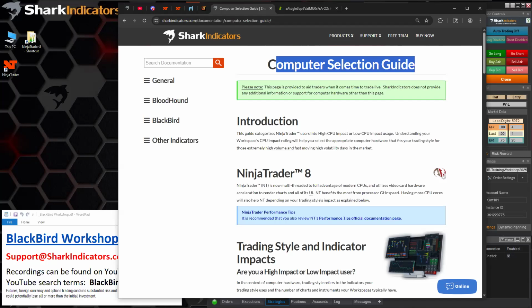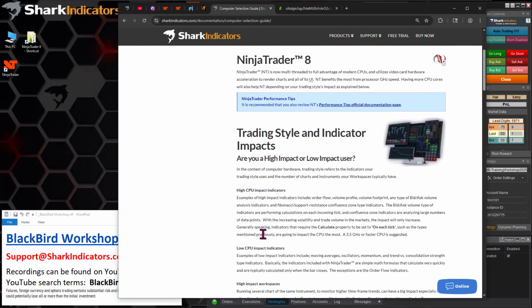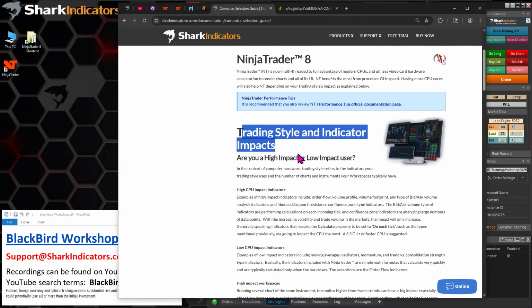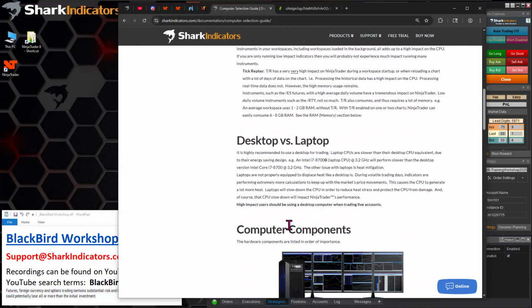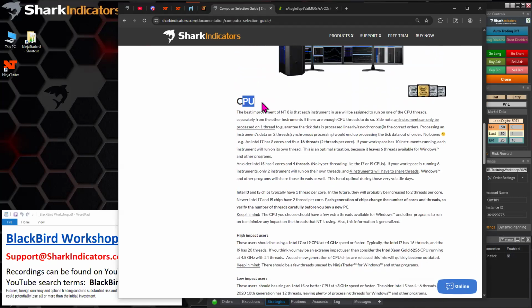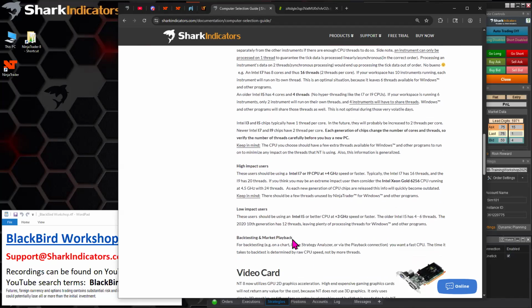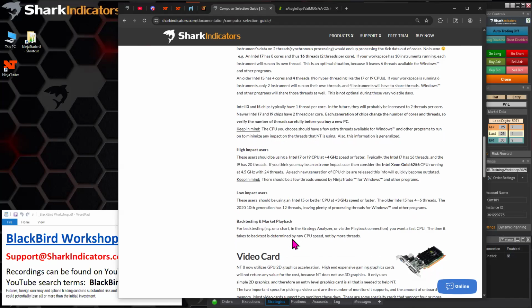The number of cores that you'll need, again, that's explained here. Or actually better yet, that's explained in the CPU section here. Oh, okay.